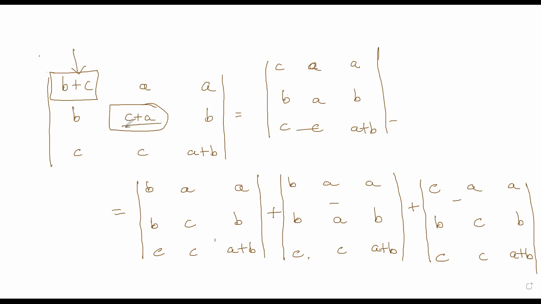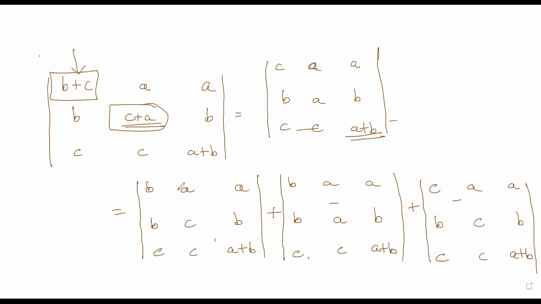And when I split C plus A, again I will get two determinants. So in total, you have four. And now if I split A plus B also, each determinant will generate again two determinants. So I got to evaluate 8 determinants. Need not do all 8, but if I can evaluate 4 determinants separately, that is fine.